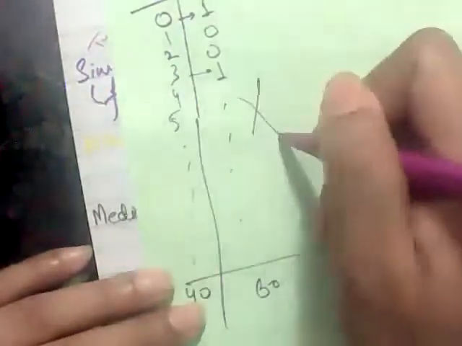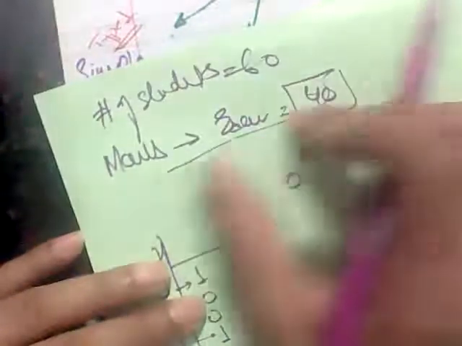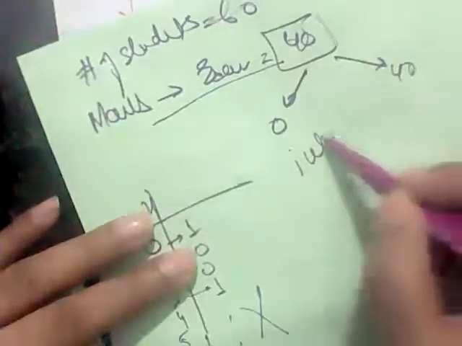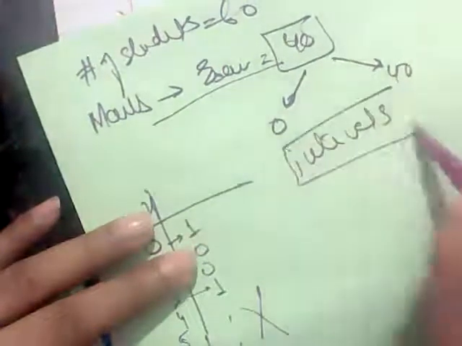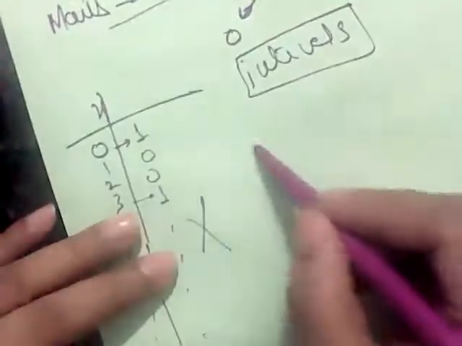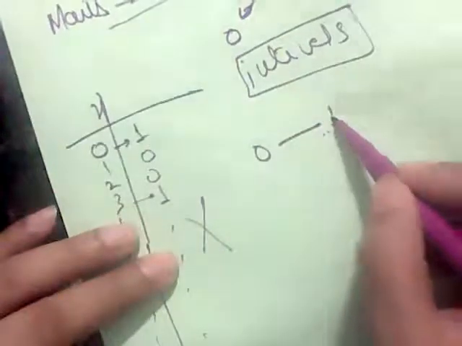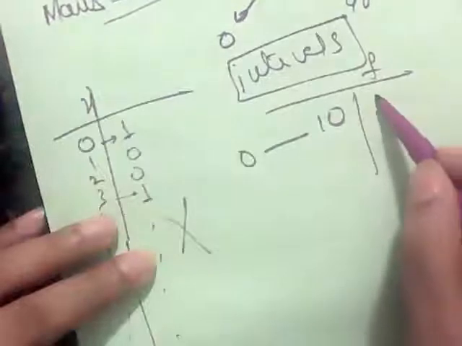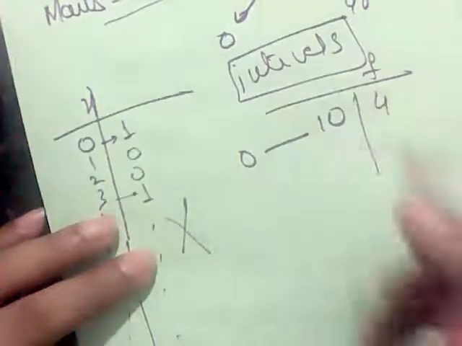So to avoid this, I will convert such a case where the x is also huge, number of students is also huge, I prefer to write in the intervals form. Why intervals form? Because 0 to 10 marks students will be like over here. There are 4 students who got marks between 0 to 10.